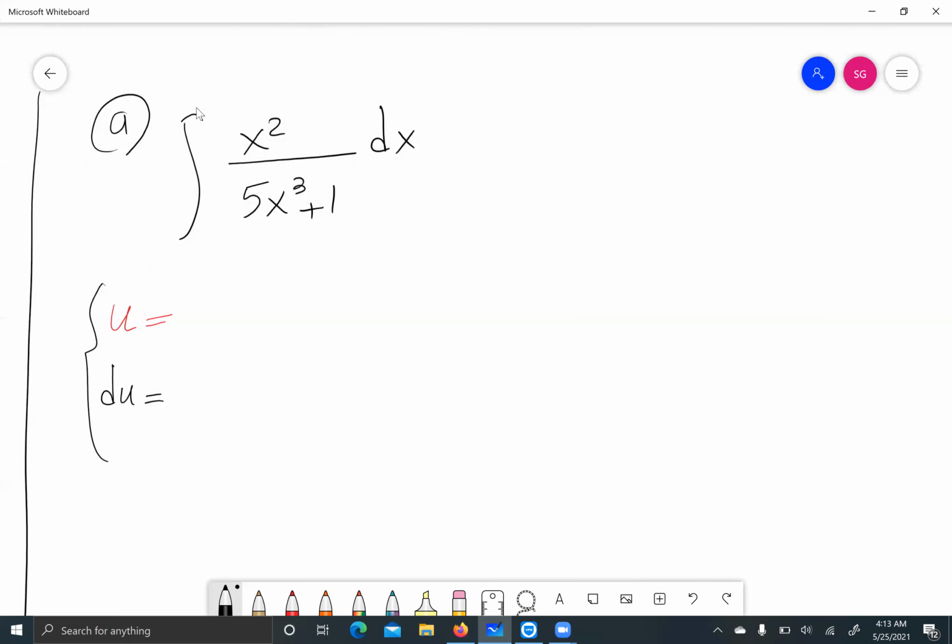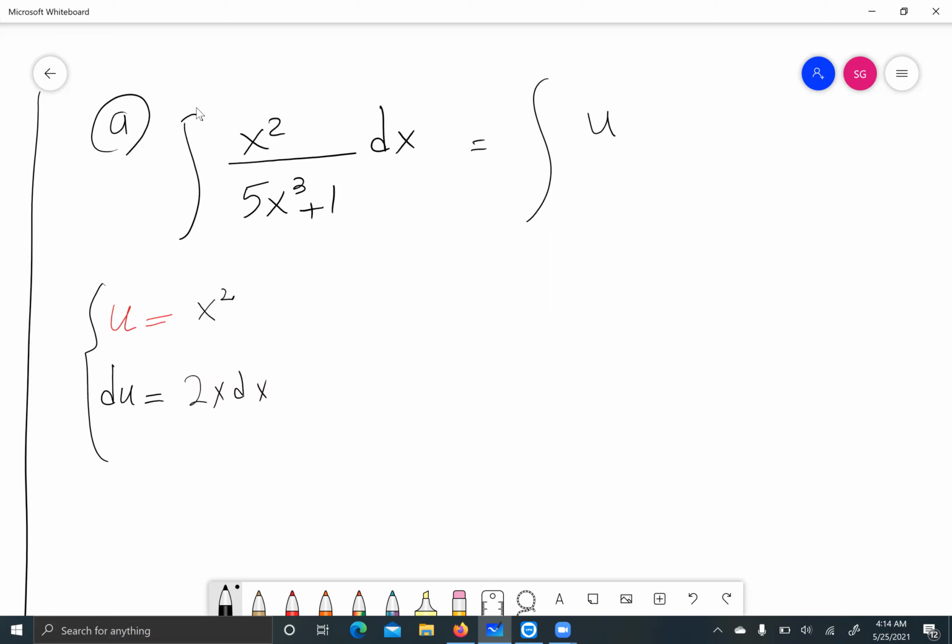So in this case, we have two options. Either we can consider x squared as the u, or either the numerator or the denominator. You can either name the numerator as u or the denominator as u. But look, if you take the numerator as u, then the derivative is going to be 2x dx. So then what's going to be? It's going to be u.